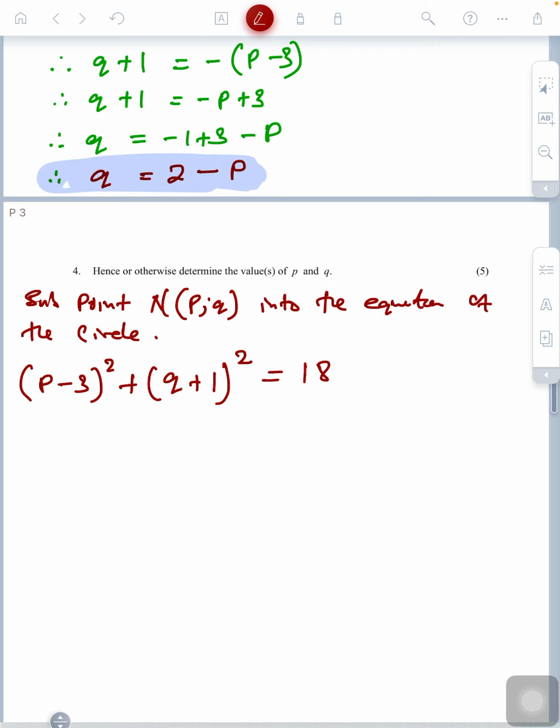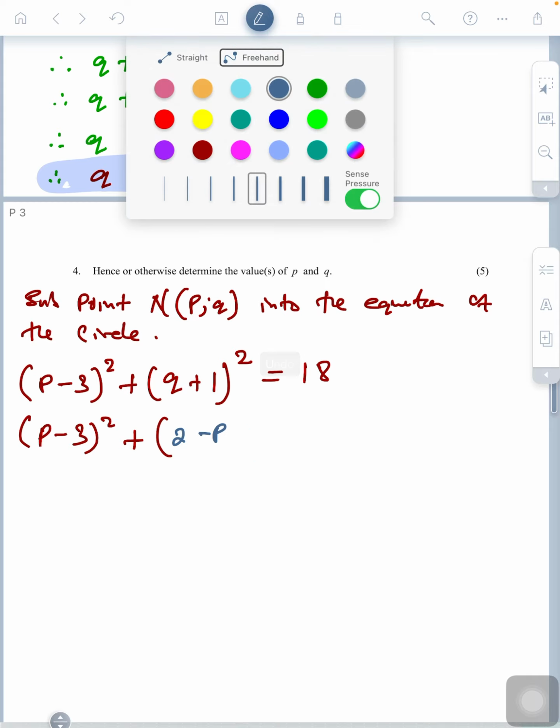I'm going to substitute the value of q. So this is going to be (p minus 3) all squared plus q. I see q. What is q? I know it's 2 minus p, plus 1. In that case, let me just do it like that and bring back my color.